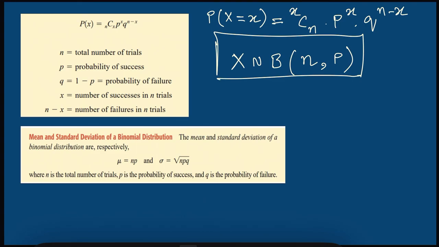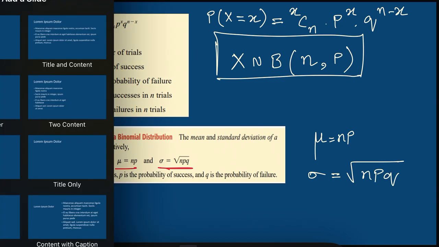So we have the mean and standard deviation for the binomial distribution, which is mean equals np, and variance sigma squared equals npq. And how did these values come?